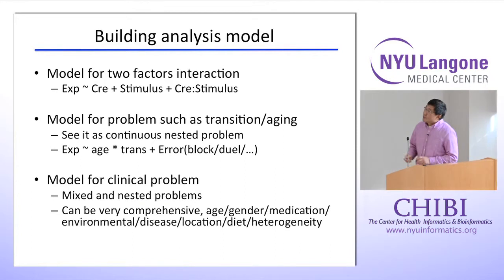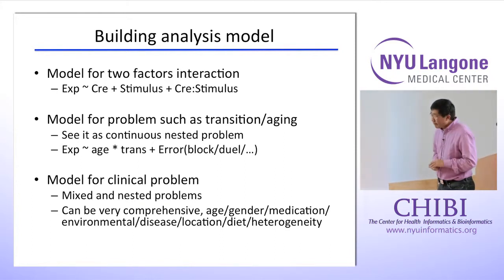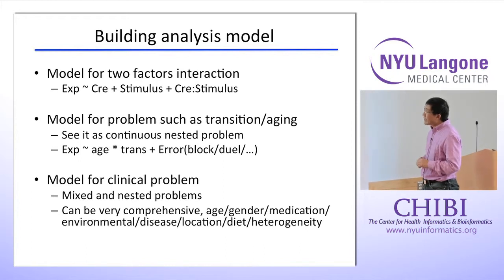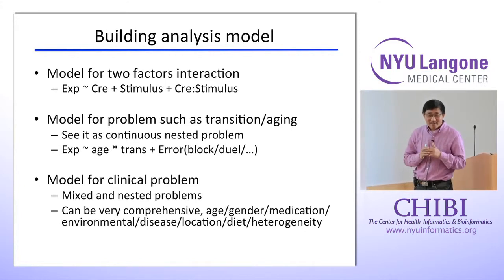So this is what we usually do. When we do data analysis, we first need to understand how those factors work together. Is one dependent on another one, or are they totally independent?